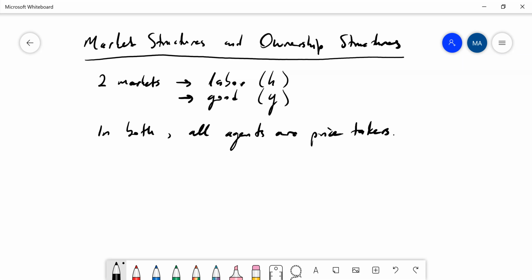So we also say, sometimes they are of course related things, but we say these markets are perfectly competitive, all right?